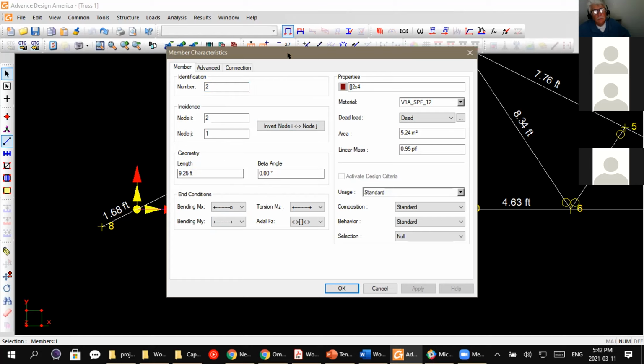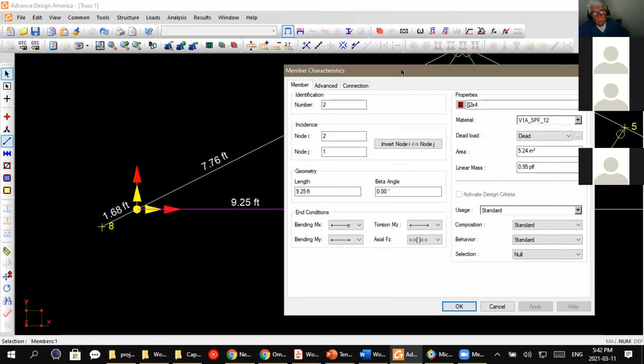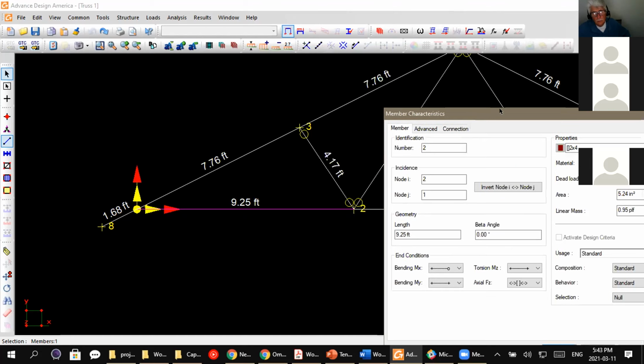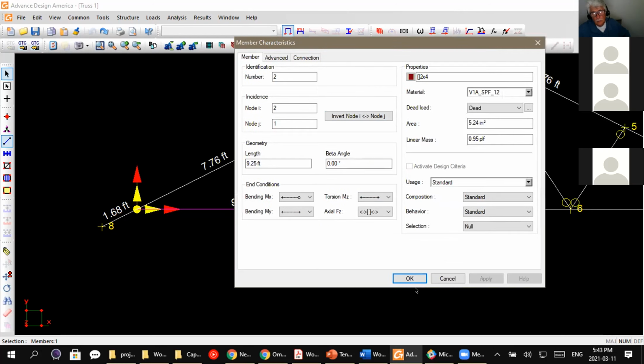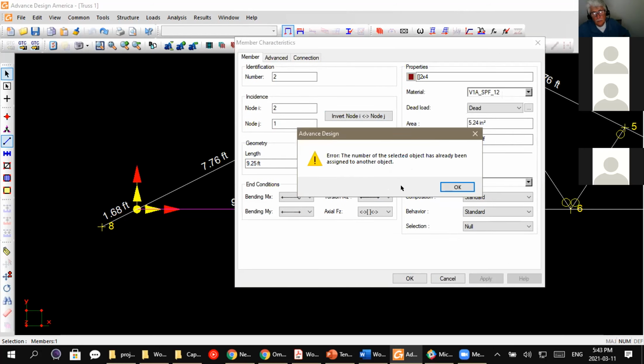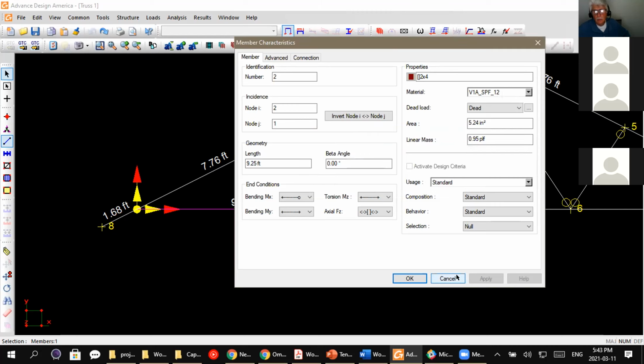Wait, let me see. F2. Yeah, so I want it to be at J. I have no idea, actually. I have no idea what you're doing.